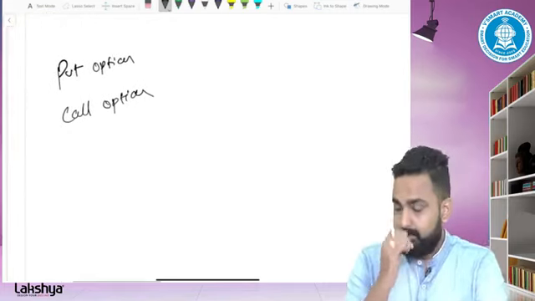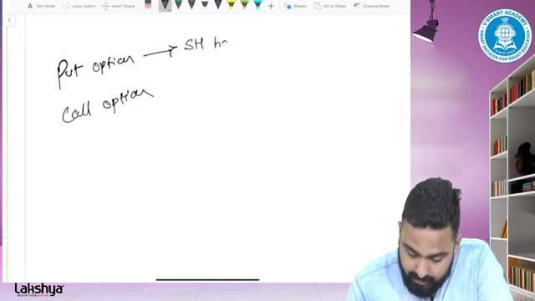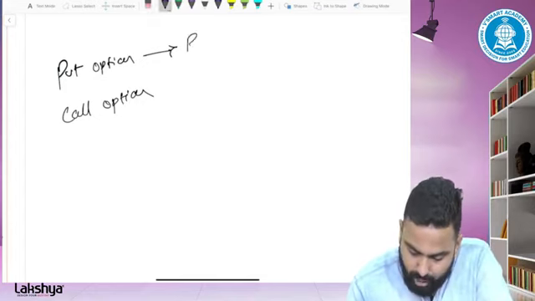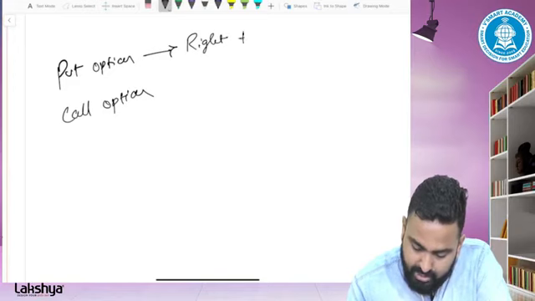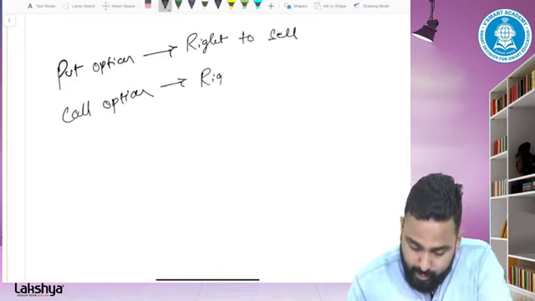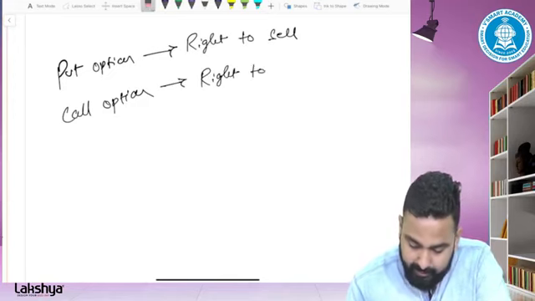See, put option means the shareholder has the right. Simply, put option means right to sell. Call option means right to purchase, or right to buy.